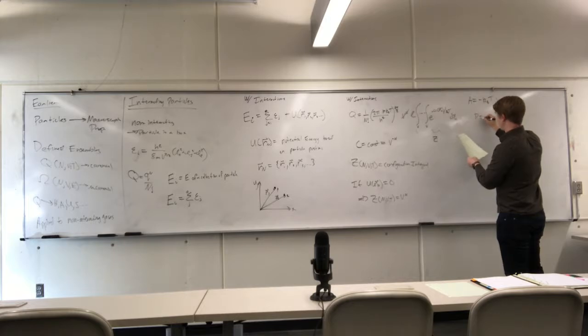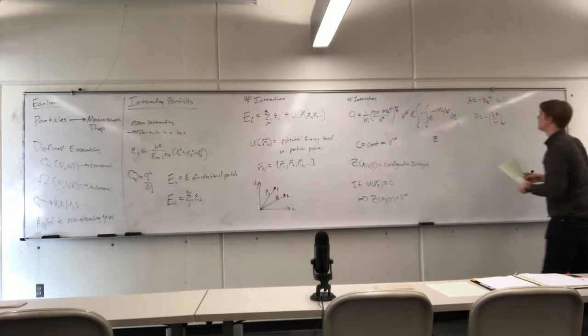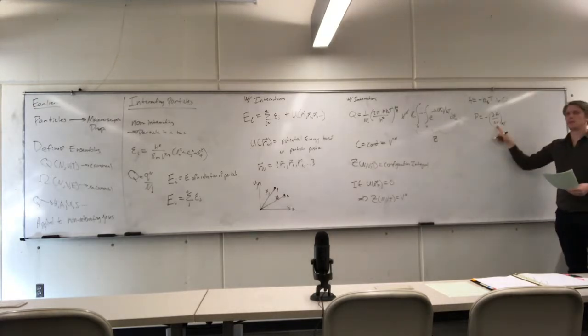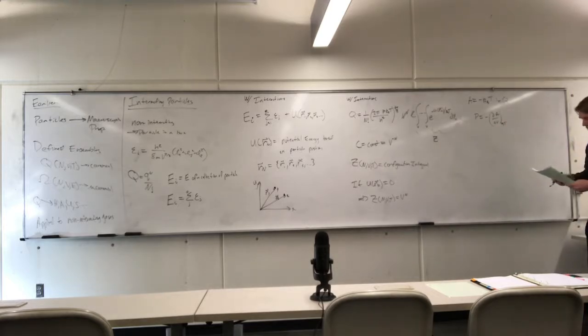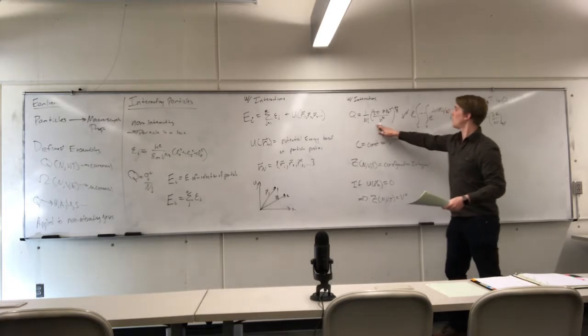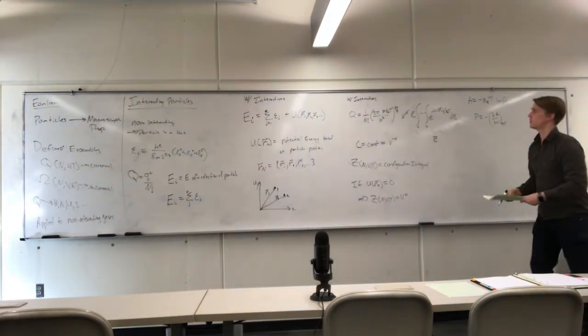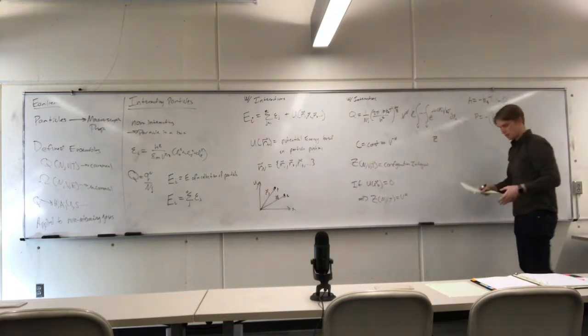From classical thermo, the pressure is related to the first derivative of the Helmholtz energy with respect to volume. Which means that there is no volume term here anymore for the particle in a box. It's all been lumped into the configuration integral.